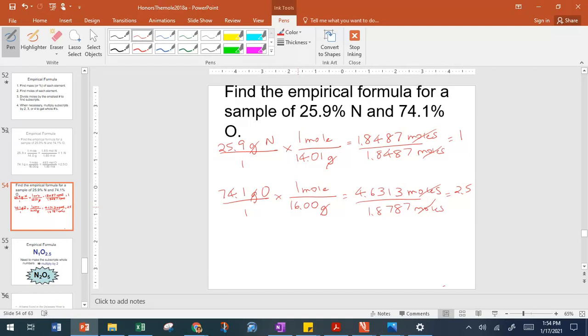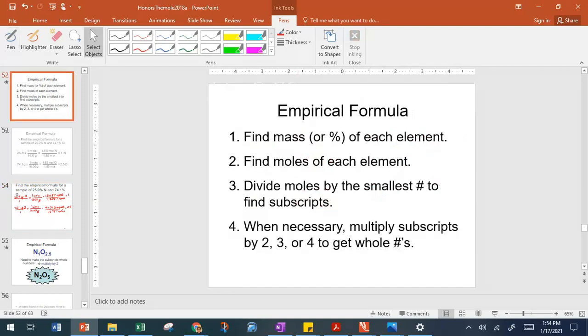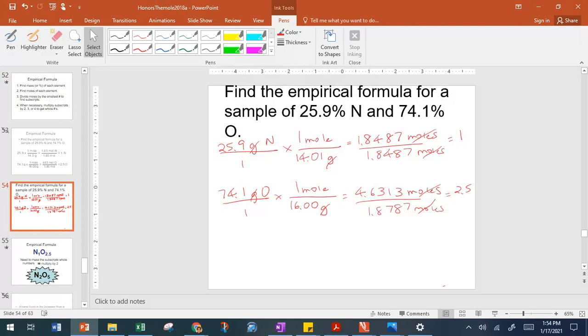Now, this is what the steps are talking about when they say, when necessary, multiply the subscripts by 2, 3, or 4 to get whole numbers. So this is a situation where we do not have whole numbers. You've never seen a formula look like this where you have N1, O2.5. You've always seen whole numbers as subscripts in your formulas.